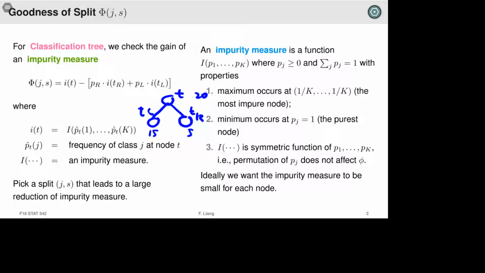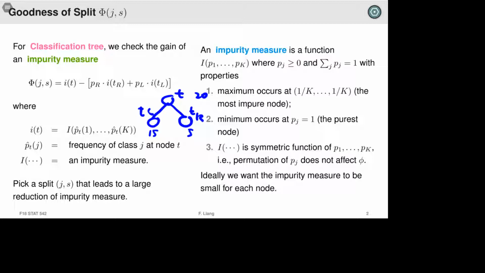It is a function over a probability vector, p1 until pk. K could be 3, but let's talk about the general case. That means you have 3 classes, and you can talk about the probability over the 3 classes. So p1, p2, p3 could be 20%, 30%, and 50%. So it's a probability vector. The sum always equals 1, and every entry is always bigger than or equal to 0.